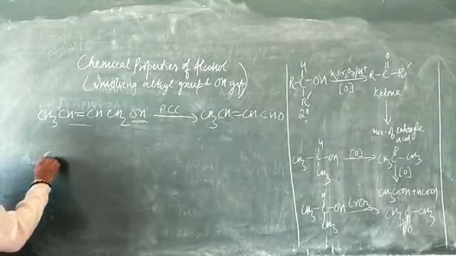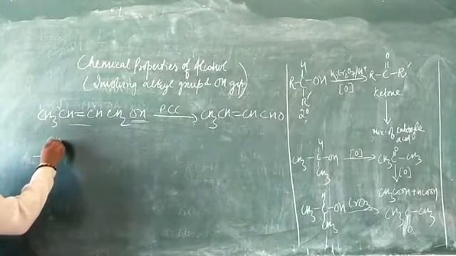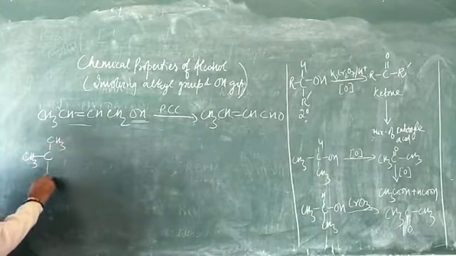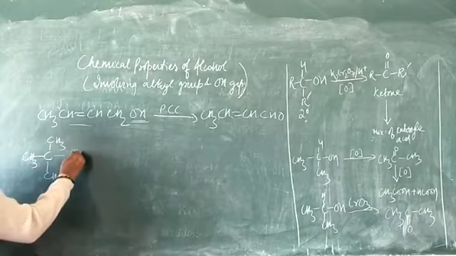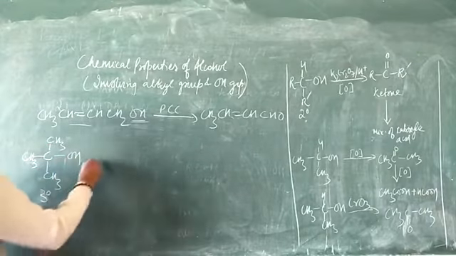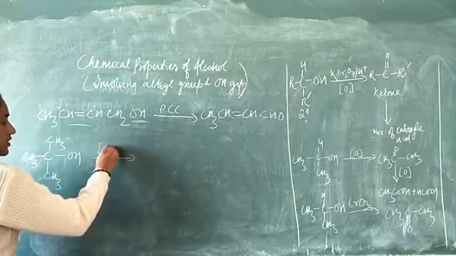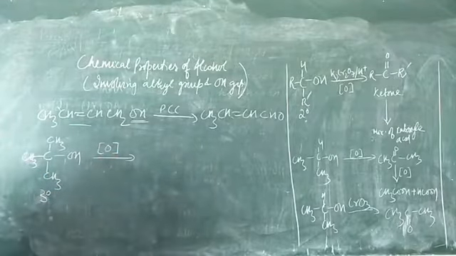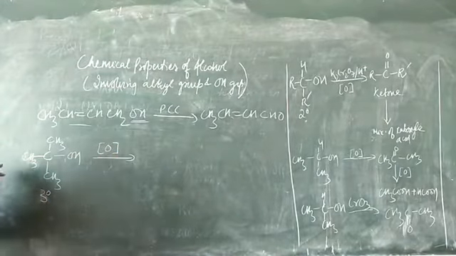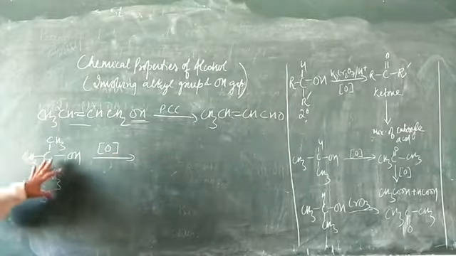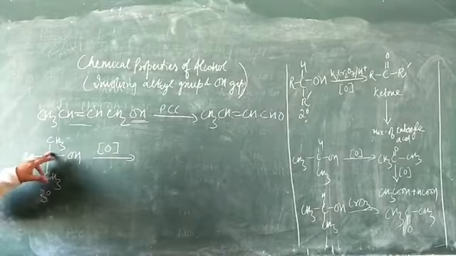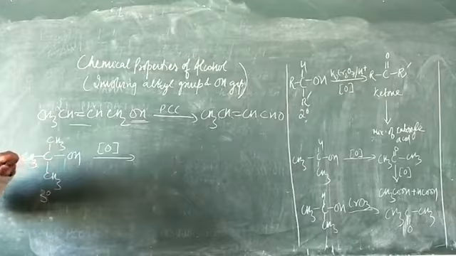Now students, if we have a tertiary alcohol, and if the oxidation is carried out here, you can see that this does not have any alpha hydrogen. The alpha carbon is there, but there is no alpha hydrogen here.